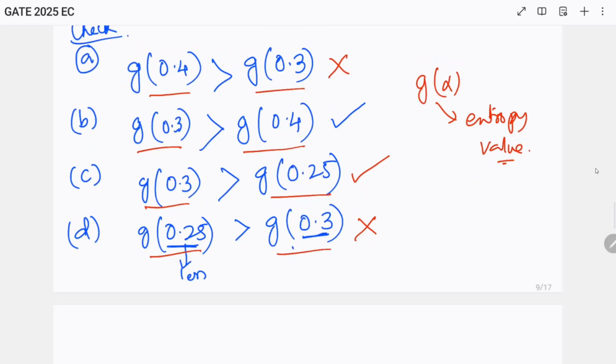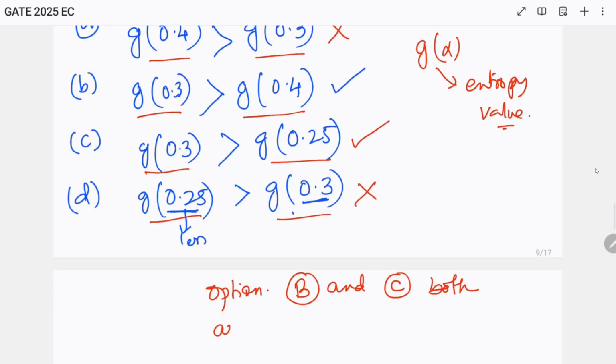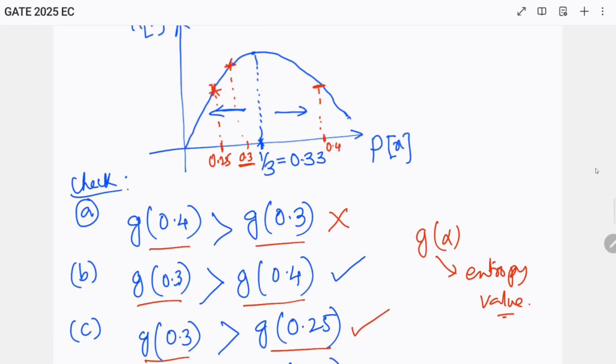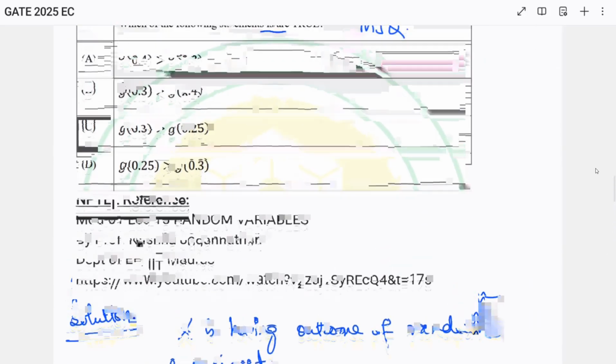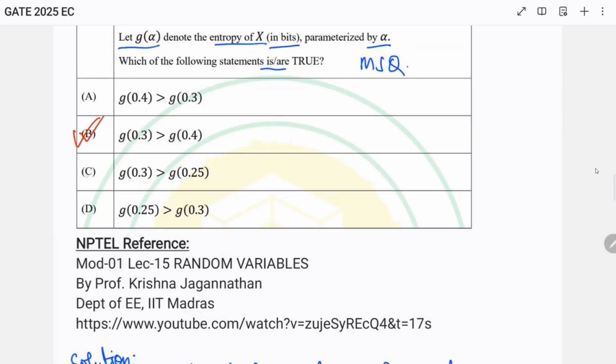So from this I can say option B and C both are correct. This option is correct as well as this option is correct. Okay, thank you.